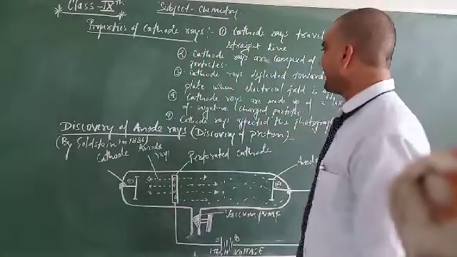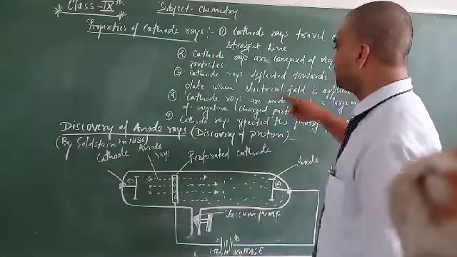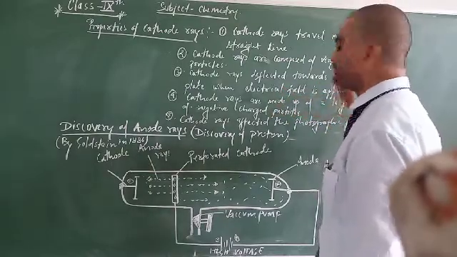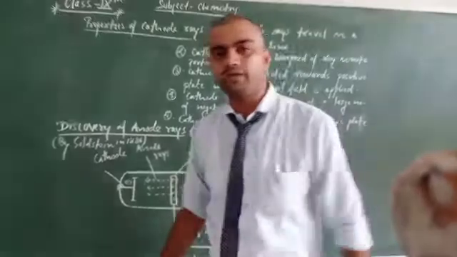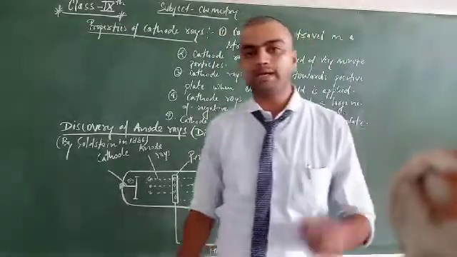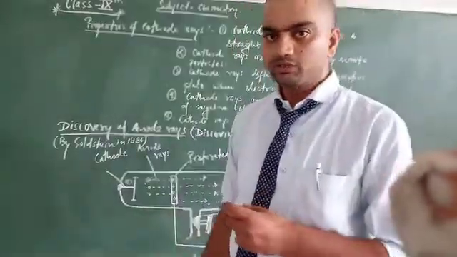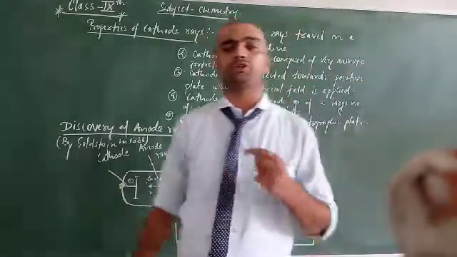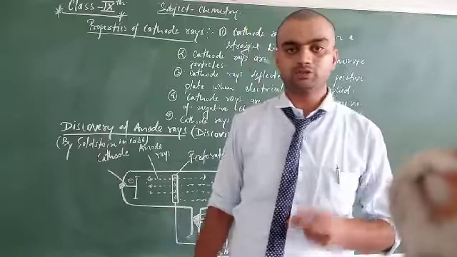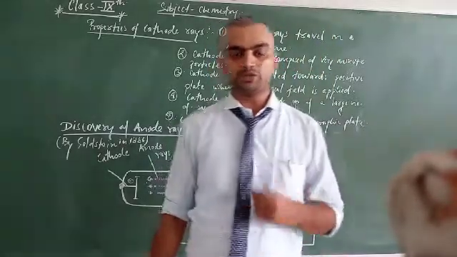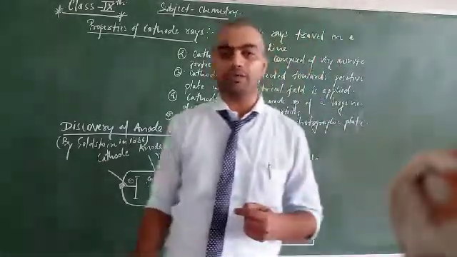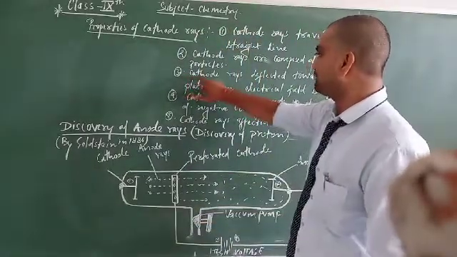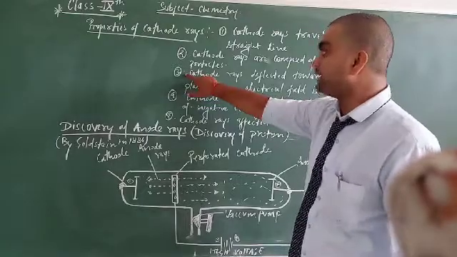Clear? Third one: cathode rays are deflected towards the positive plate when an electric field is applied. There are two types of field: electric field as well as magnetic field. Clear? The electric field is composed of two charges, positive charge and negative charge. So there are two plates, a positive plate as well as a negative plate. Clear? So I will explain the meaning of this property.